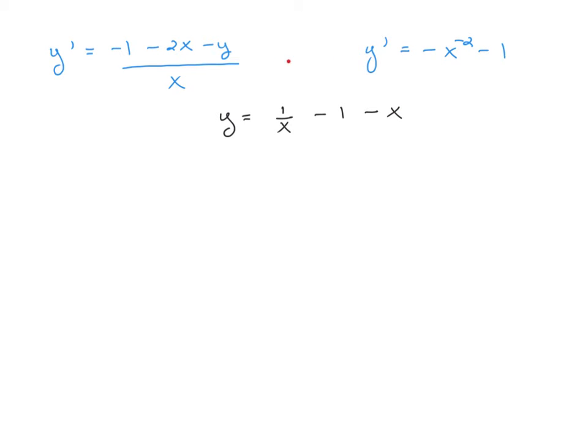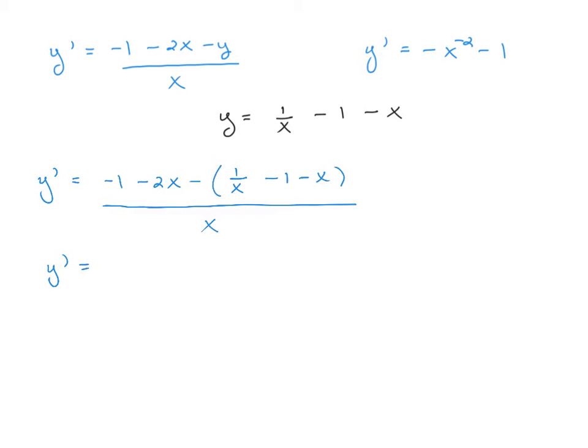To show that these are equivalent, in place of this y, I'll put the original function, I'll simplify it, and see if we get this thing over here. So let's do it. y prime is equal to -1 minus 2x minus y, which is 1 over x minus 1 minus x.